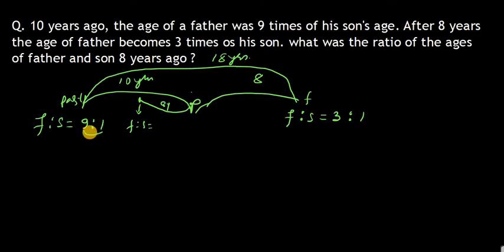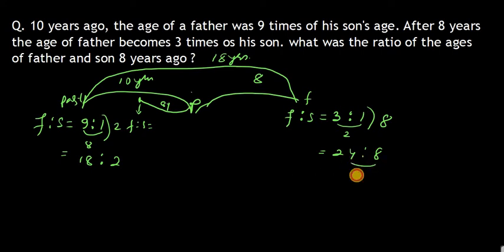Let's say the ratio gap is 8 and 2... 2 nines are 18, 2 ones are 2; 8 threes are 24, 8 ones are 8.